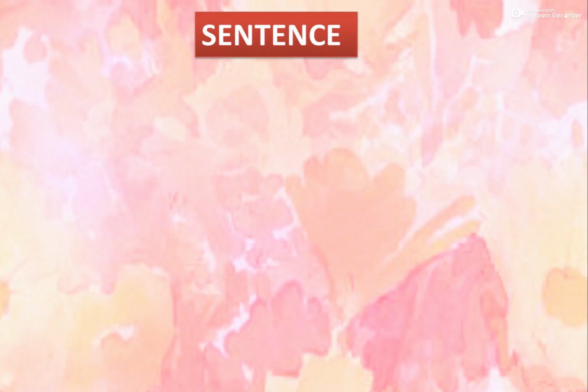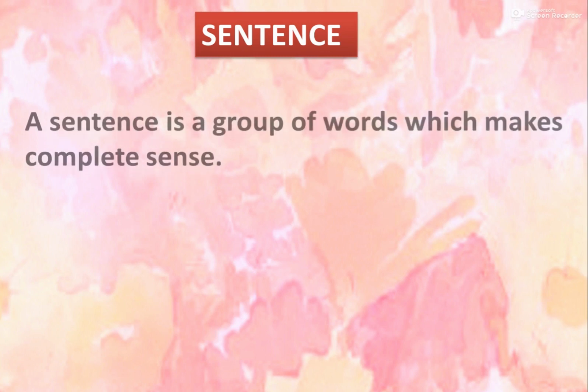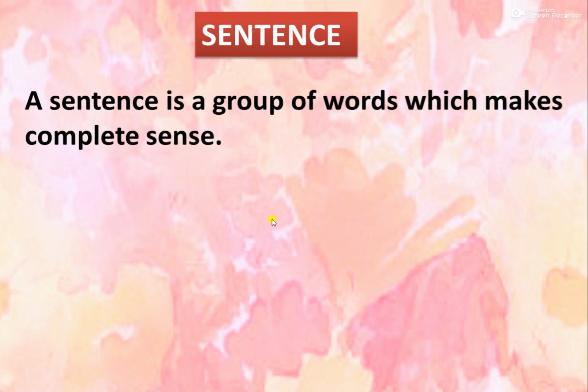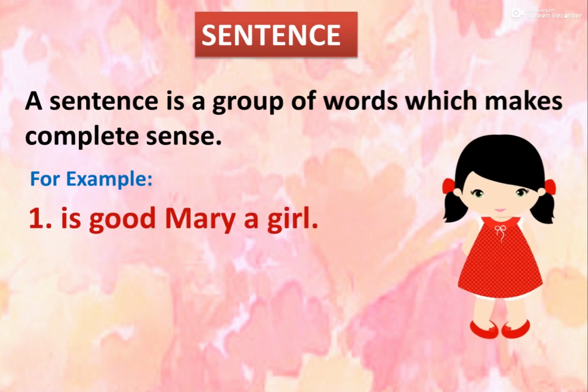Before we begin with subject and predicate, let's revise the definition of a sentence once. A sentence is a group of words which makes complete sense. For example, "Is good Mary a girl?"